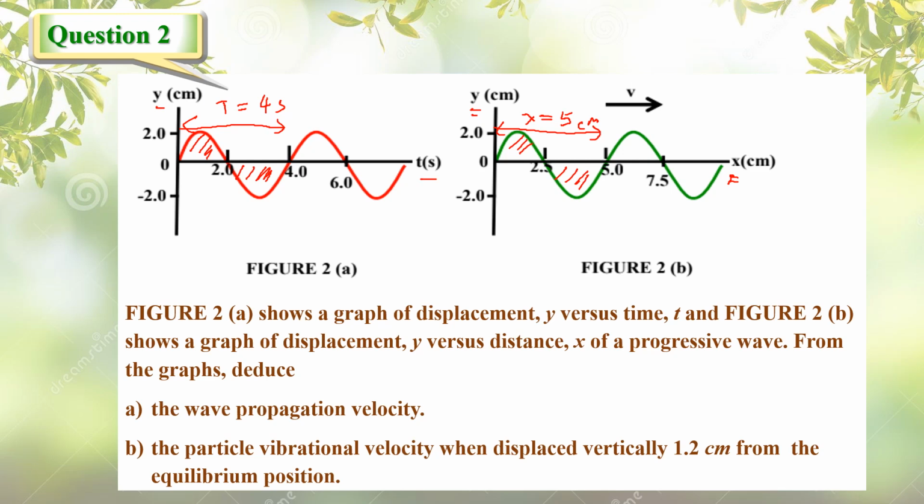For question A, the wave propagation velocity formula is v equals f lambda. What is the relationship between frequency and period? Frequency equals 1 over period. Substituting 4 seconds, your frequency is 1 over 4 Hertz.